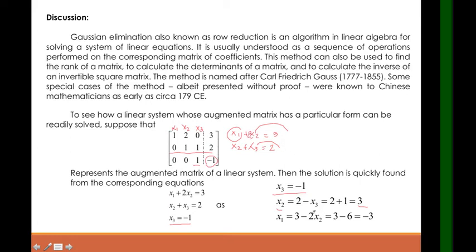So we have negative 2x sub 2, and that is equal to 3 minus 6, which is negative 3. So we have the values for x sub 3, x sub 2, and x sub 1, which are negative 1, 3, and negative 3, and it has a unique solution. That's how we solve it if we use a linear system.